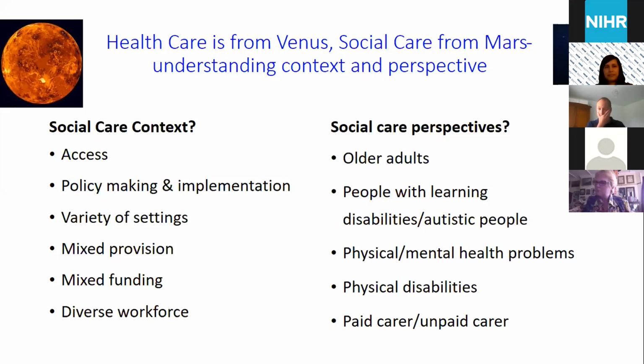So what are the perspectives that might be sought in social care research? There's a wide range of needs and client groups who would be accessing social care services. Some of them are listed here on our slide: older adults, people with learning disabilities, autistic people, people with physical or mental health problems, physical disabilities, and of course paid carers and unpaid family or friendship carers.